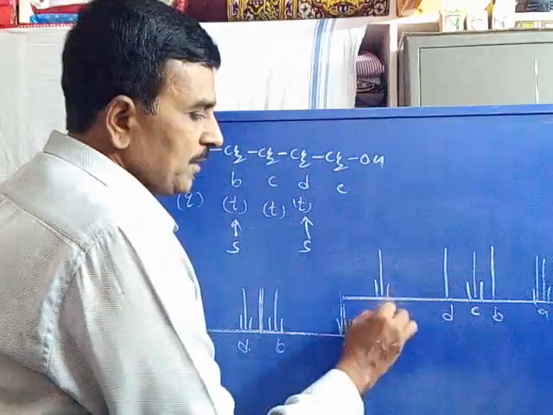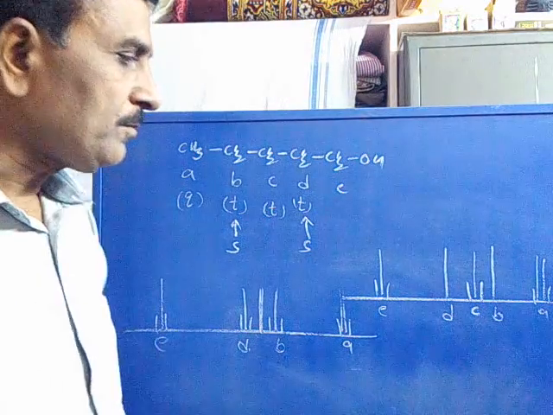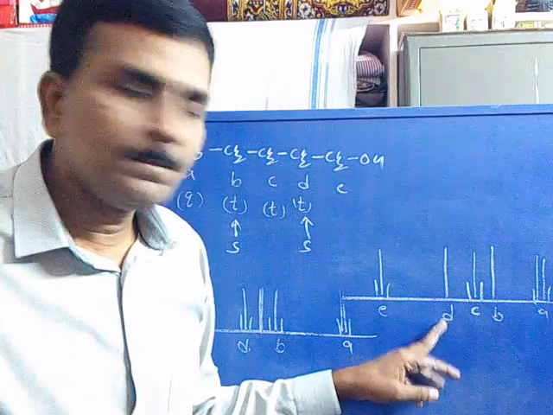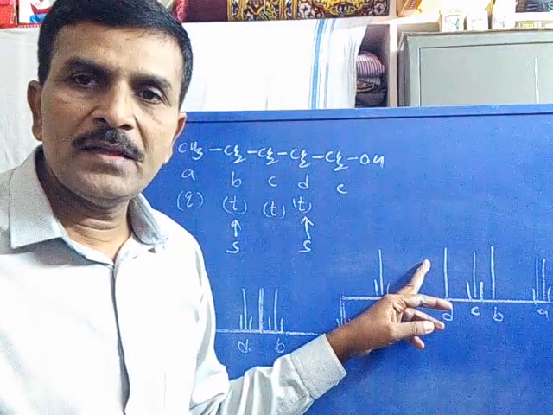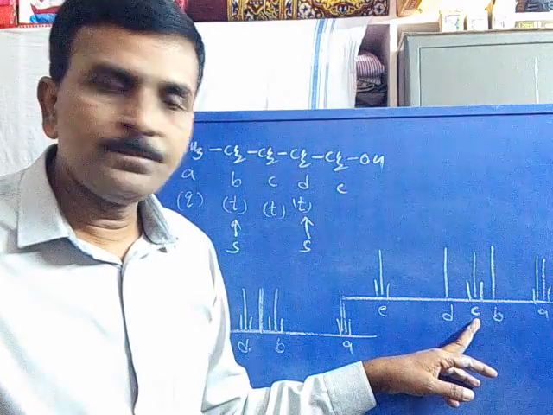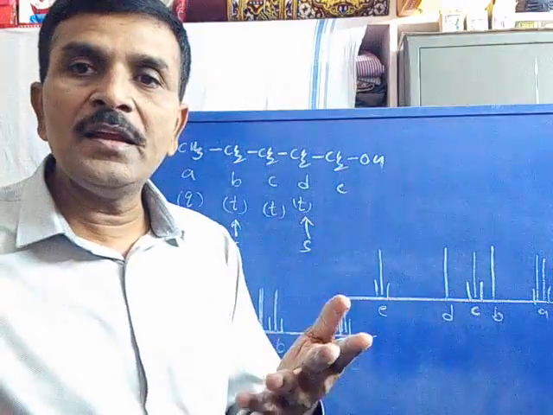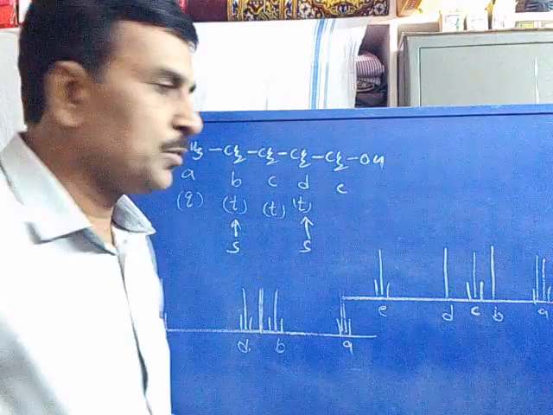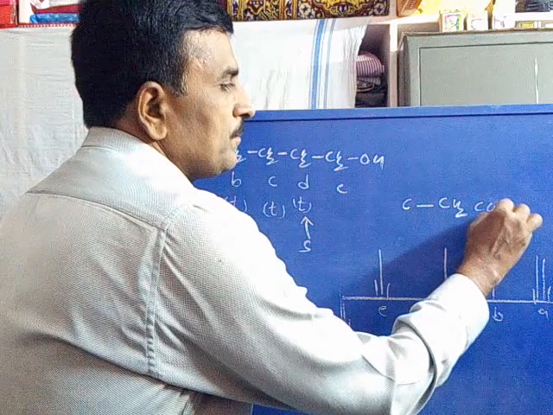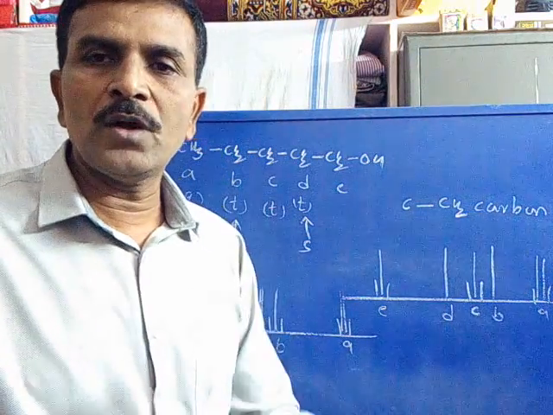E carbon triplet. This is the second spectrum. When we select B and D carbon, those two signals appear as singlets. Now C is the non-selective carbon, it appears as a triplet. The triplet signal of C indicated it is also a CH2 carbon.